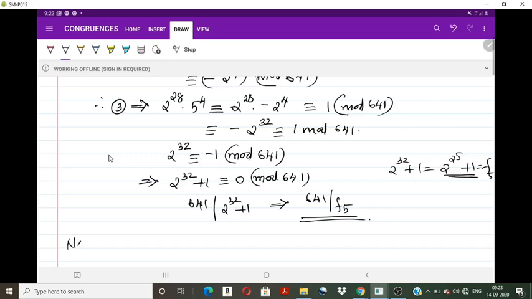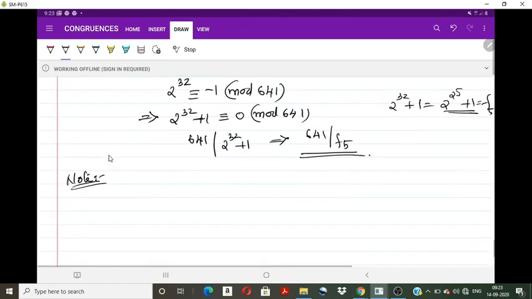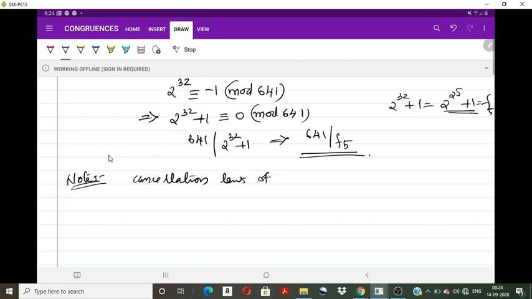Next we move to another result for congruences which is more applicable. We know that the cancellation law holds under multiplication.